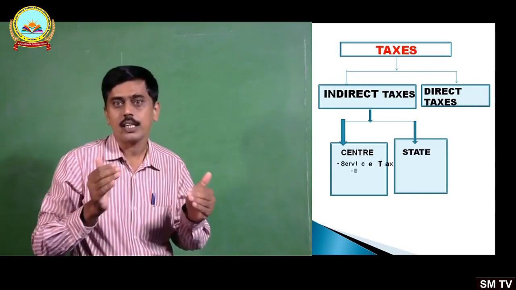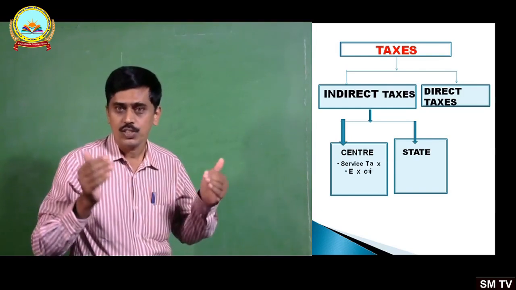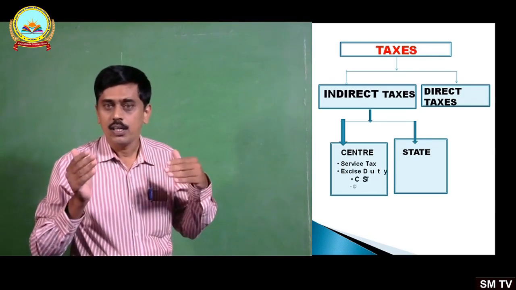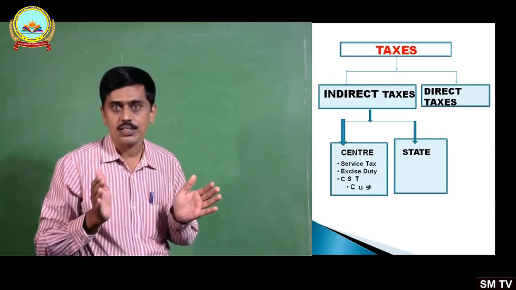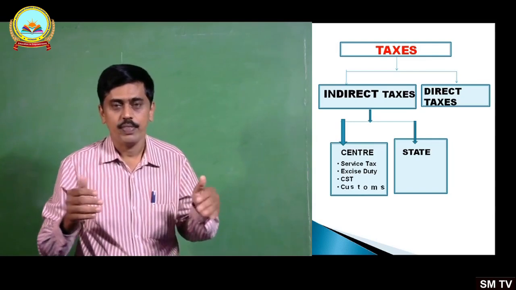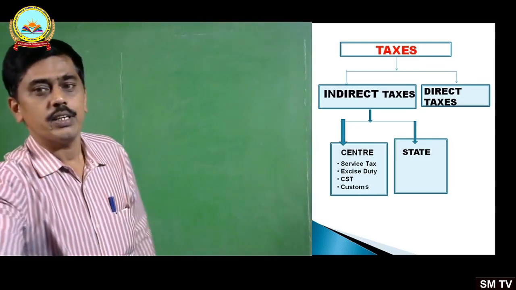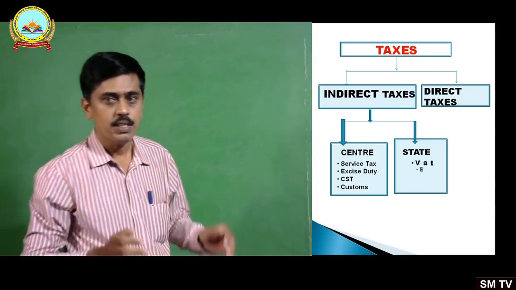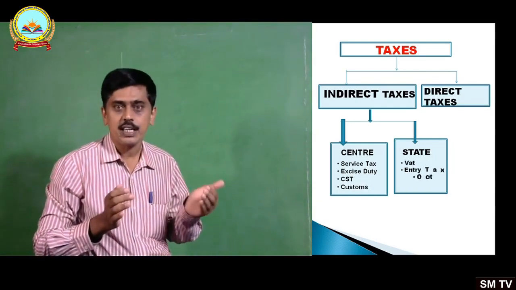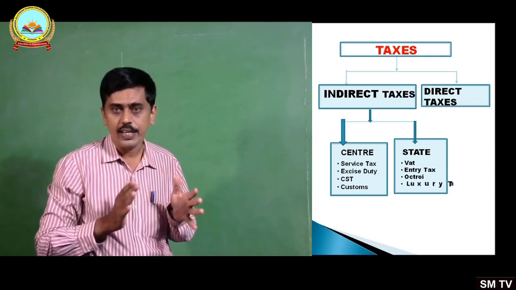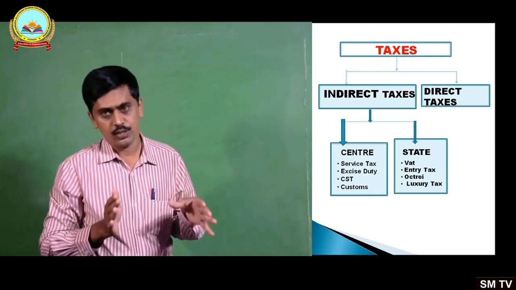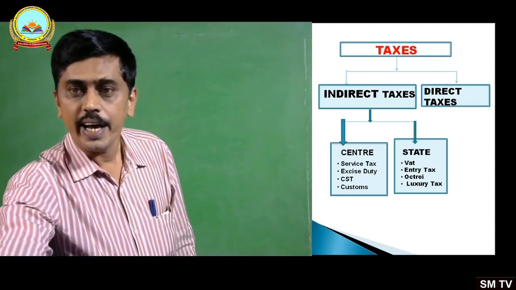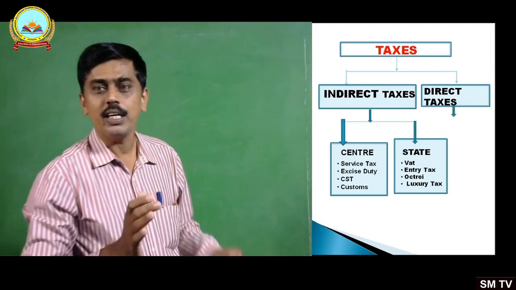Those collected by the center include service tax, excise duty, CST (central sales tax), customs duty, etc. The state collects indirect taxes like VAT, entry tax, octroi, luxury tax, etc. On the direct tax side we have mainly income tax.